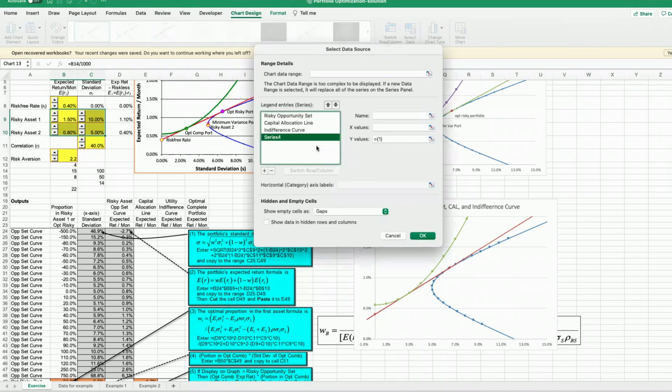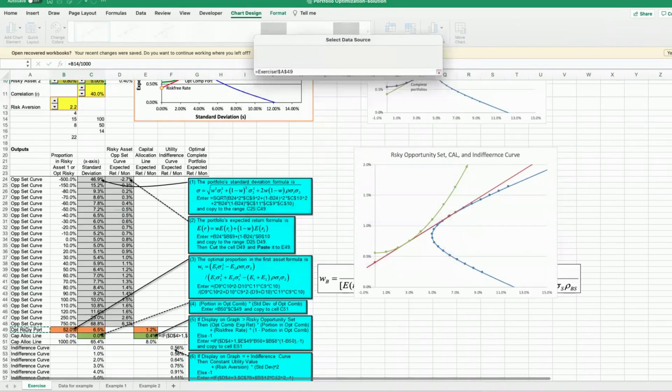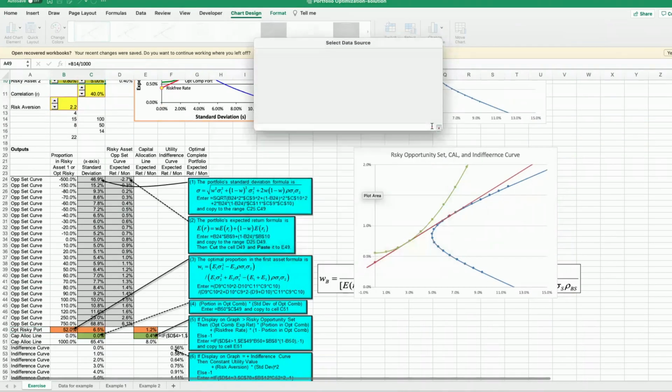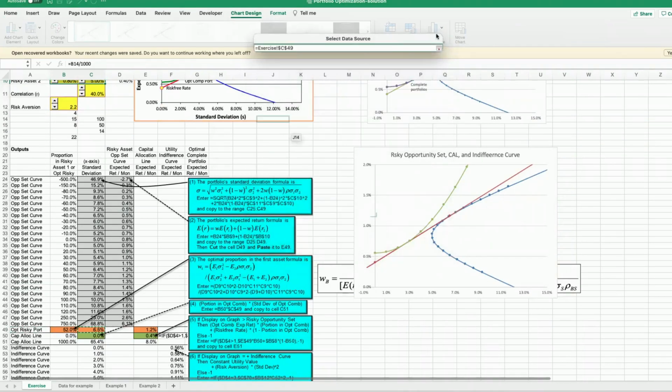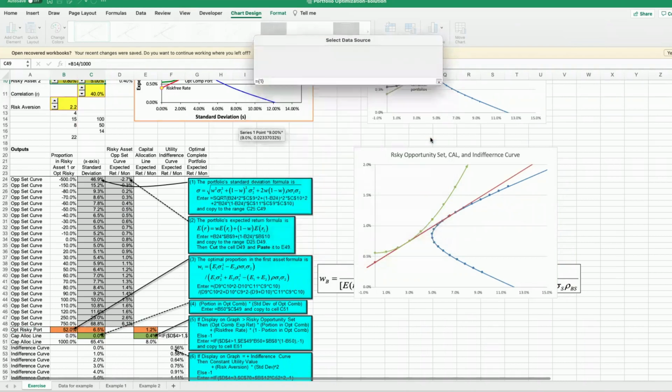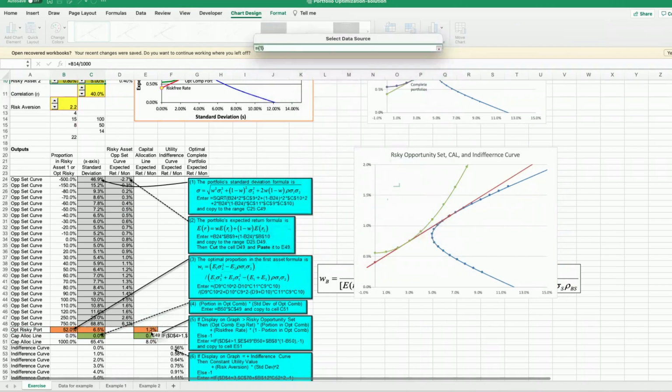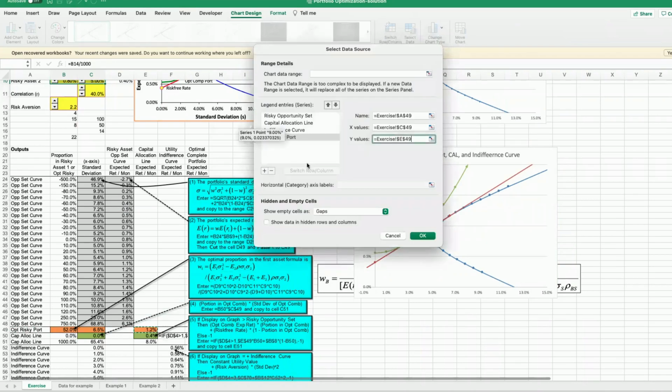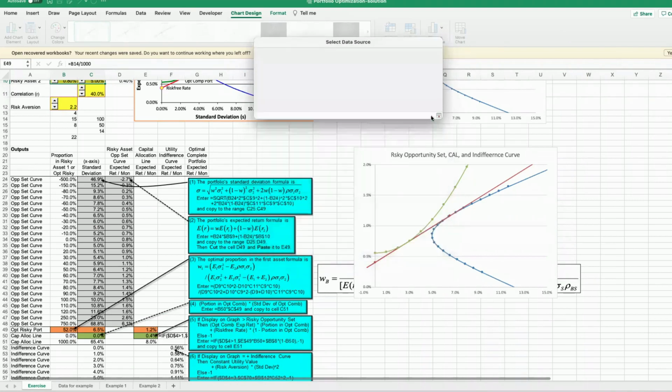So first, name here, let me select optimal risky portfolio. And the standard deviation is 6.5. Return is 1.2. Okay, so that would be the first one. Second one, minimum variance.